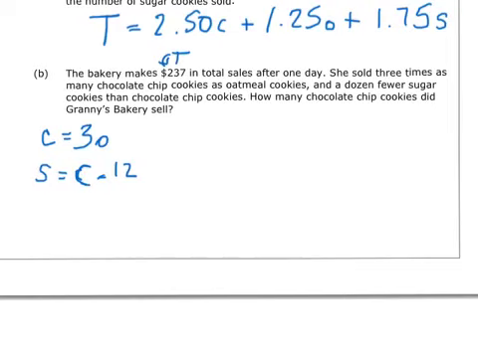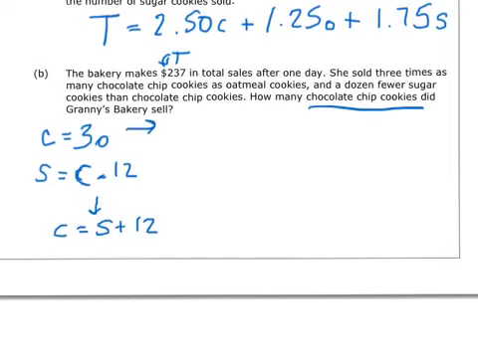And then we want to know, how many chocolate chip cookies did Granny's Bakery sell? So what we want to do is replace everything we can with C. So this becomes C equals S plus 12.